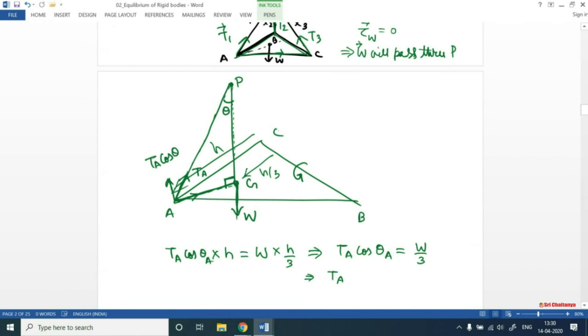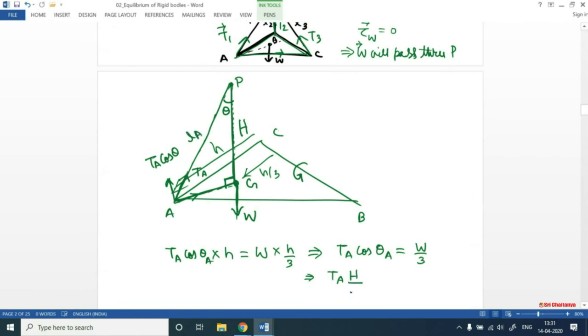This is the centroid, let's say that is G. Let's say this height is some capital H. So cos theta would be nothing but this capital H over the length of this, which is LA.